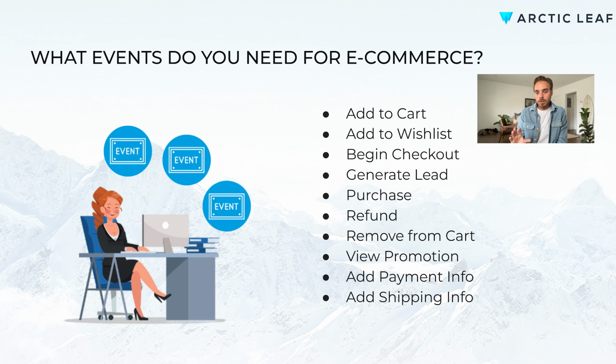But I want to give you guys an example of what you should do once you have these standard purchase events. As an example, add to wish list. That's a good event to look at to see who's adding products to a wish list. But let's take an apparel company as an example. What if you want to do a little bit more based on the nature of your business?